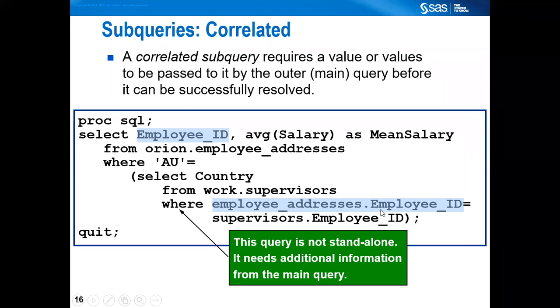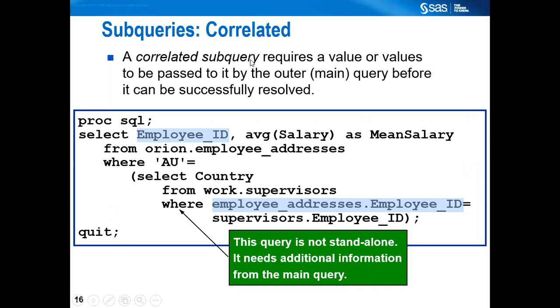So your address's ID is common with the supervisor's table ID, and you're selecting only those countries whose values are coming from the outer query with AU. Hence, your subquery is dependent on your outer query. Hence, this subquery is called a correlated subquery.